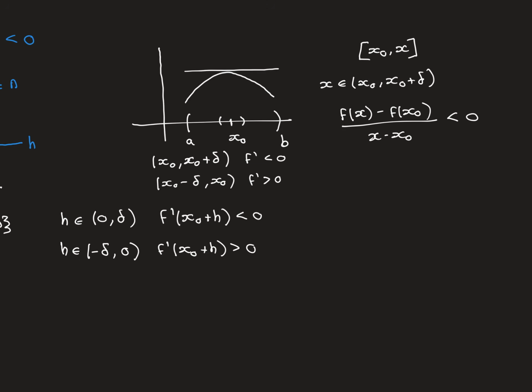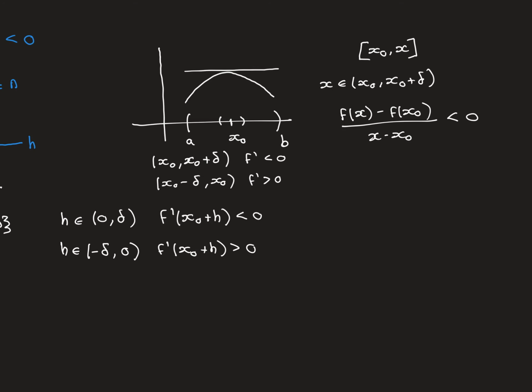So doing that, I get that the difference quotient from x0 to x is f of x minus f of x0 over x minus x0. And I know that this will be equal to the value of the derivative for some point that's properly in between x0 and x. So there will exist, by the mean value theorem, a point in between these where the derivative at that point is equal to this difference quotient.